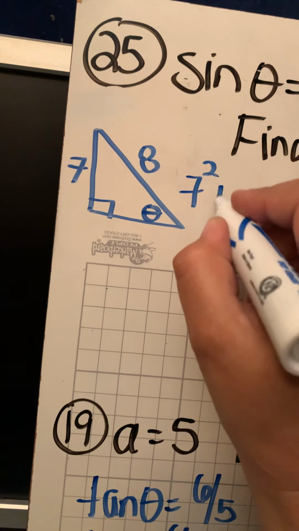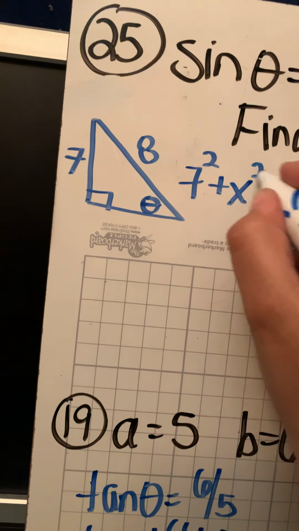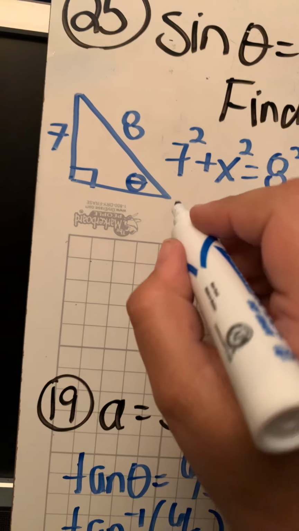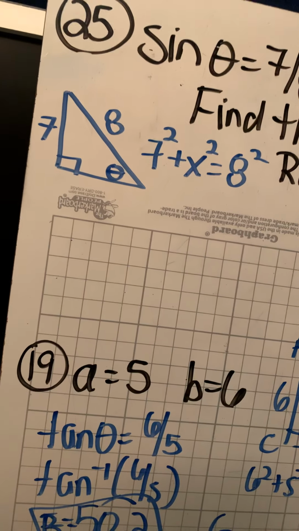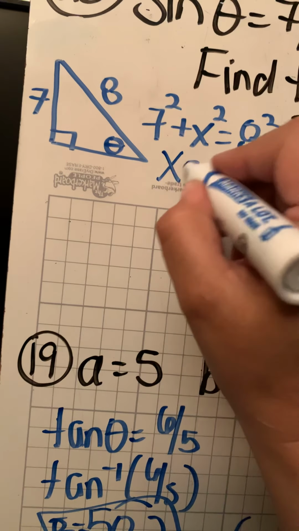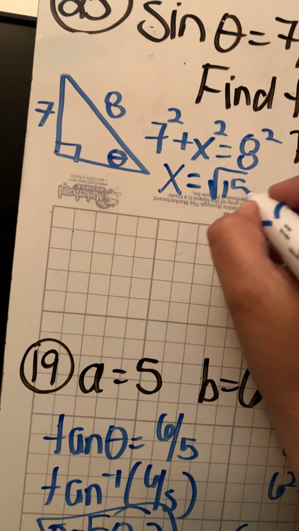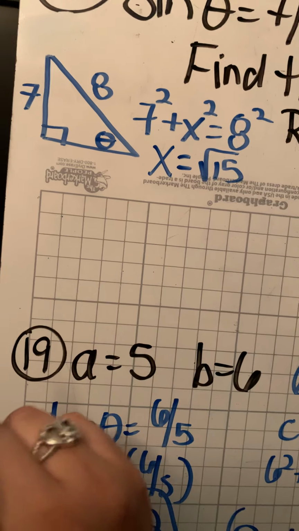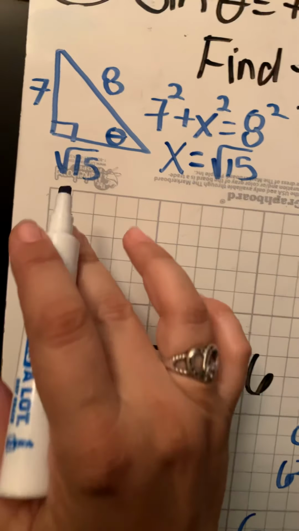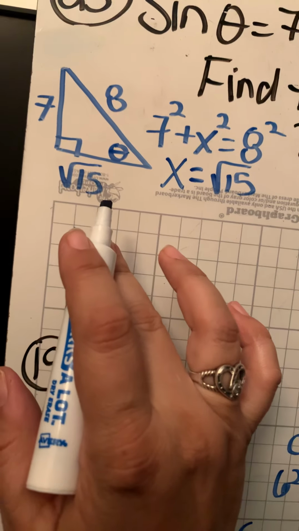Side squared plus side squared equals hypotenuse squared. So 64 minus 49, root 15. X equals the square root of 15. Leave it as simplified radical form, no decimals.